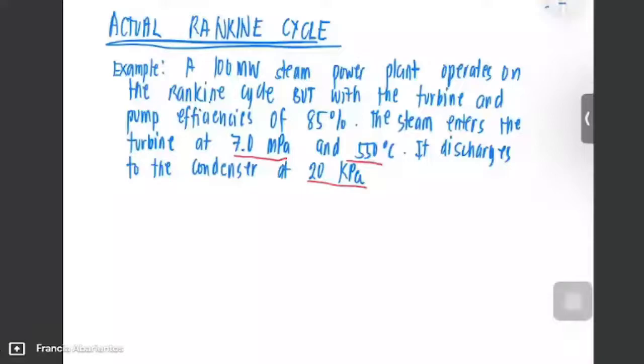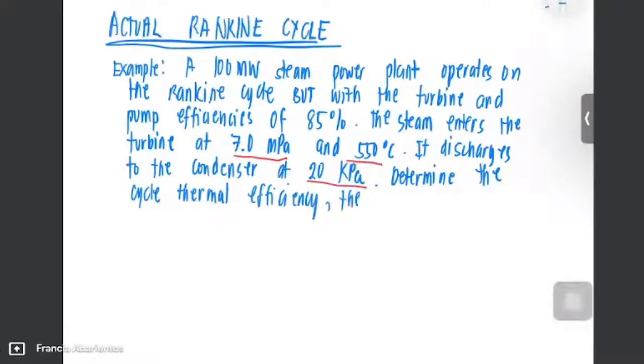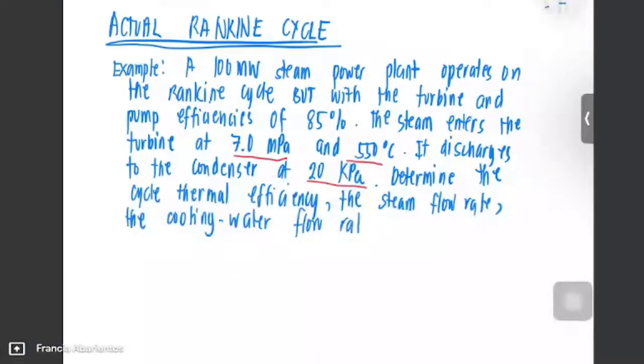So, determine now the cycle thermal efficiency. And we have here the steam flow rate. Yan. The cooling water flow rate in the condenser.